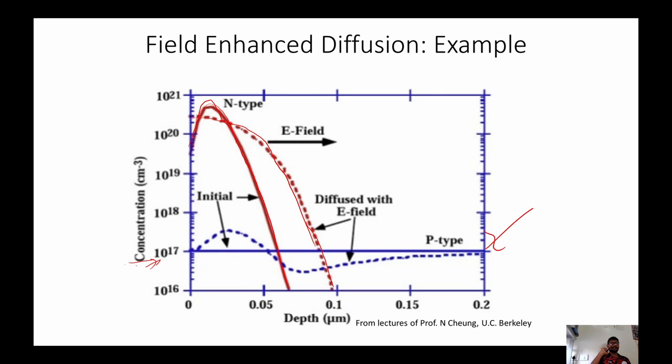After that, because of the electrons and the positively charged dopants, they disturbed the p-type doping concentration because of the electric field that is created because of the n-type dopants.